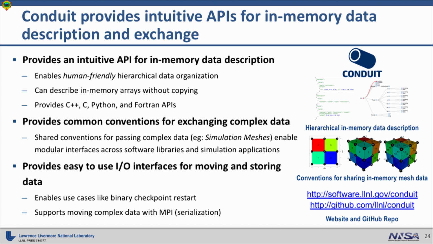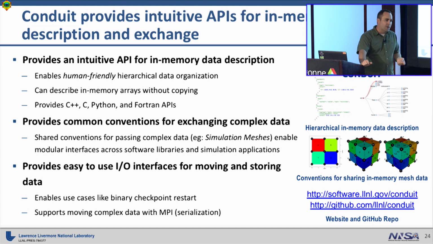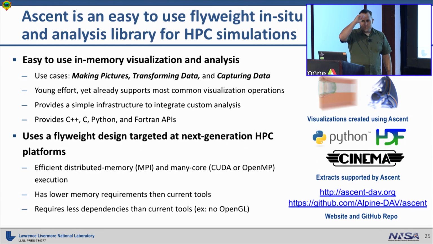The fastest way to describe it is something like JSON crossed with NumPy, but for C++, Fortran, and Python. It also includes conventions for sharing mesh-based data, so how could you arrange the data so we can understand it's a mesh? And it has I/O interfaces and ways to move things around with MPI. So it's a pretty interesting capability.